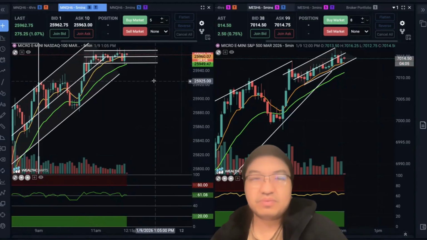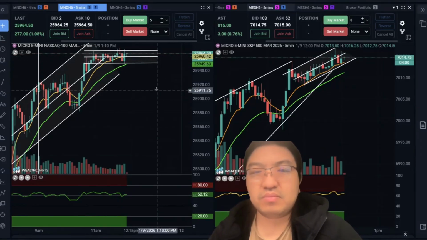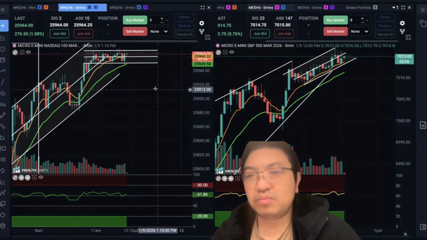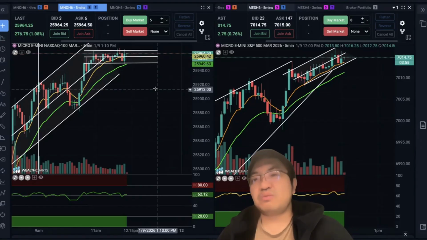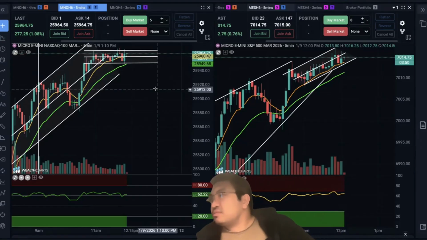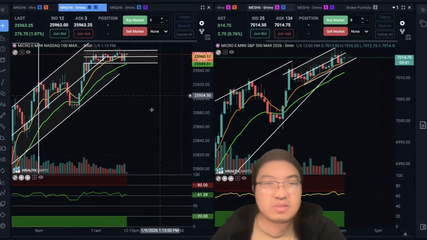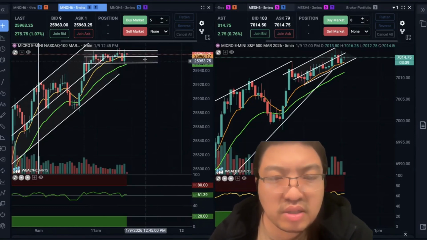NQ. See this candle. See one more candle. So that means I really need ATR, it seems.